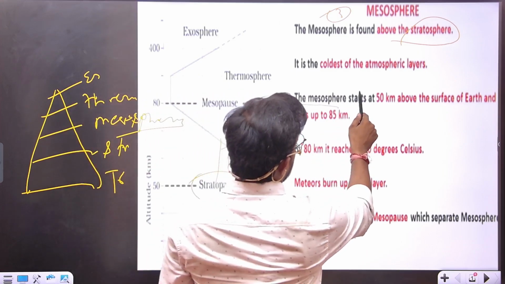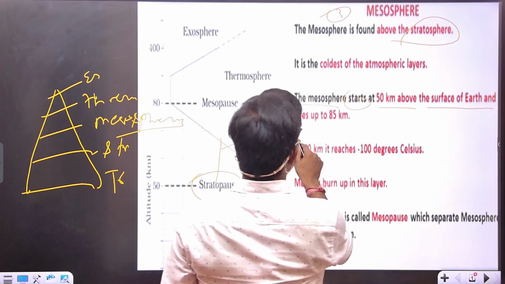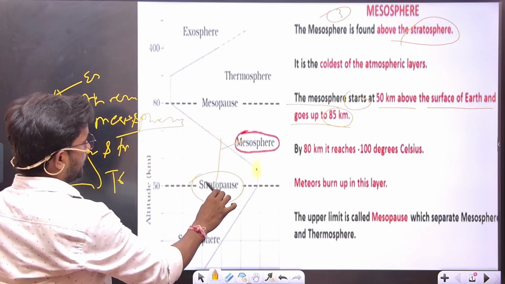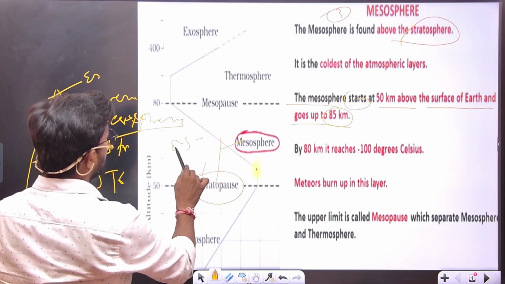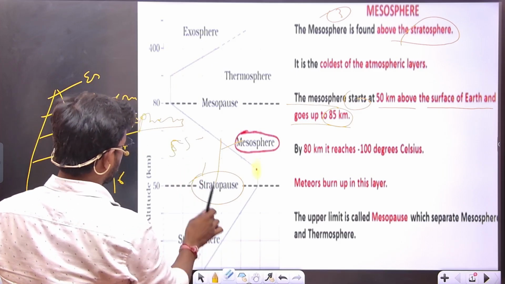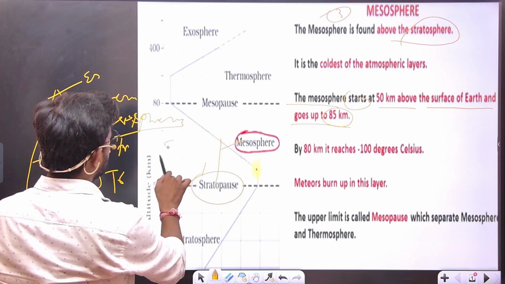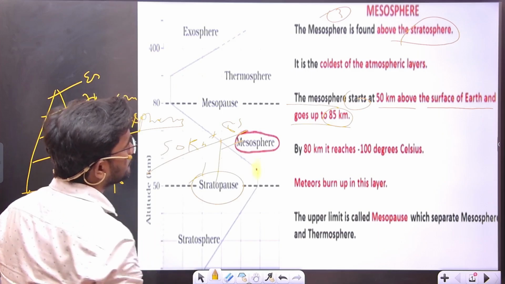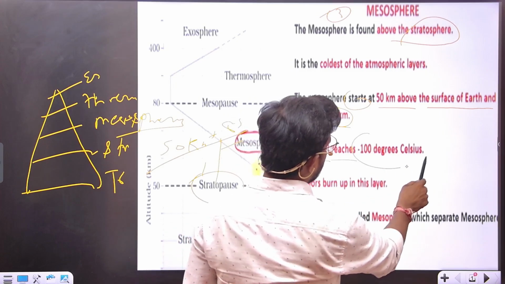The mesosphere starts 50 kilometers above the surface of the earth and goes to 85 kilometers. This distance is 50 to 85 kilometers. Understand the point? By 80 kilometers, the temperature reaches minus 100 degrees Celsius.